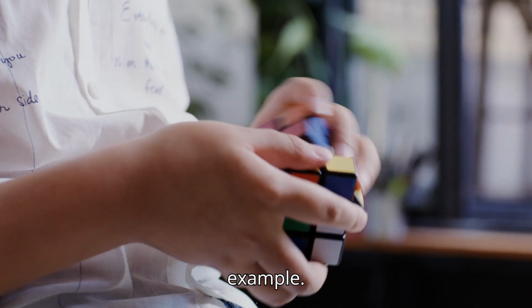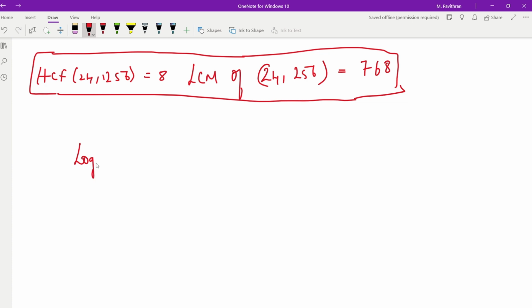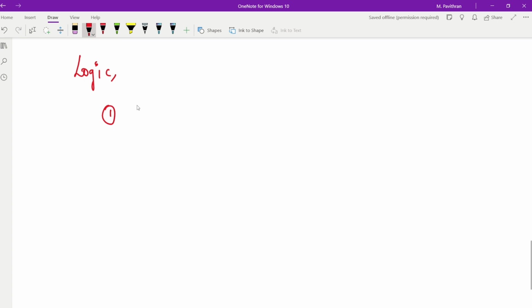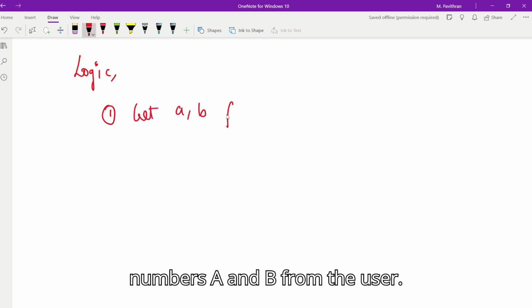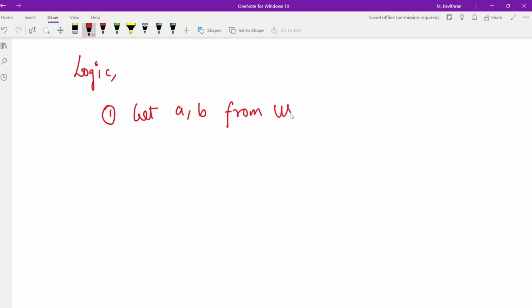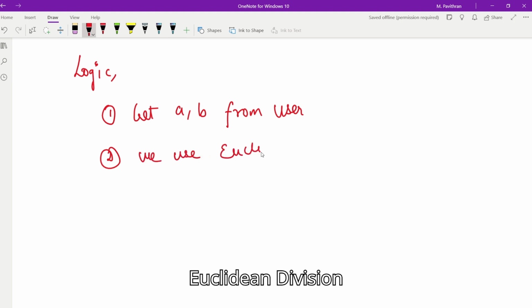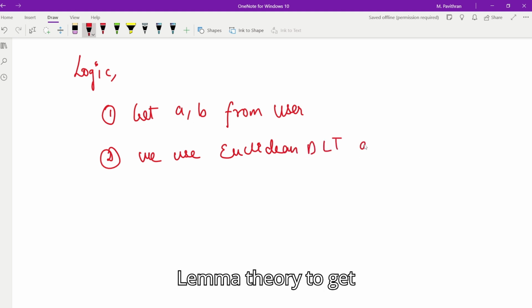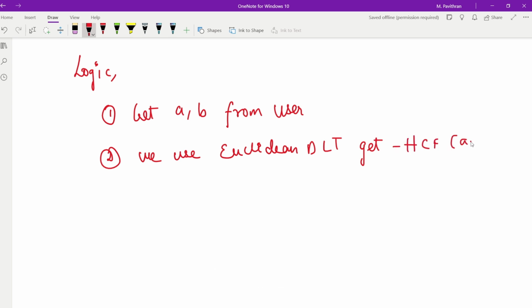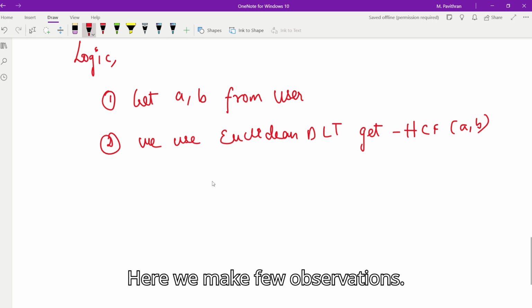Now that we have derived the HCF and LCM of two numbers, let's derive the logic out of the solved example. The logic is that first, we get both the numbers A and B from the user. Second, we use the Euclidean division lemma theory to get the HCF of A and B. Here we make a few observations.